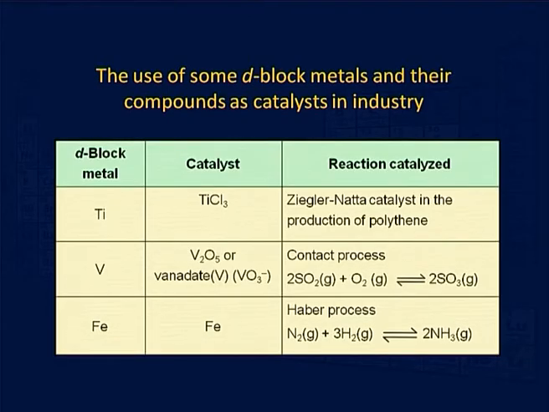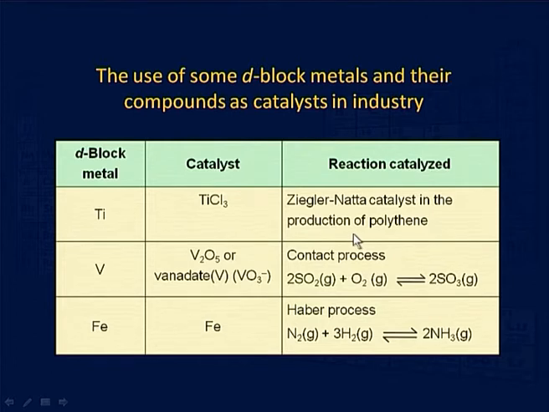This table gives some of the important metal ions and their compounds in catalysis. To start with, we have titanium in the form of TiCl3. It is used as a catalyst in the famous Ziegler-Natta catalyst, which is used for the production of polyethene.